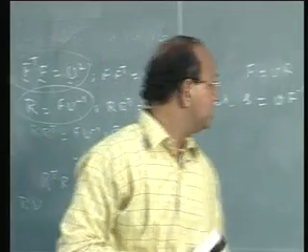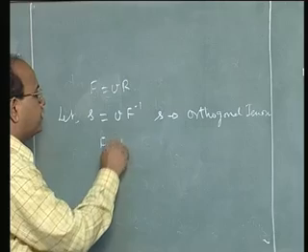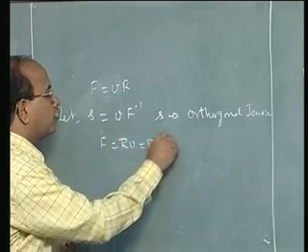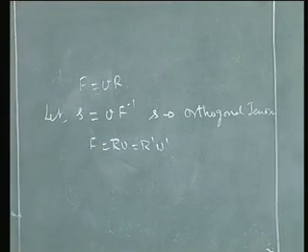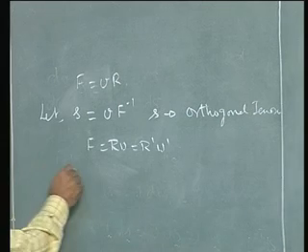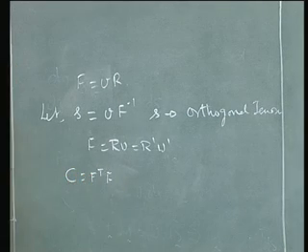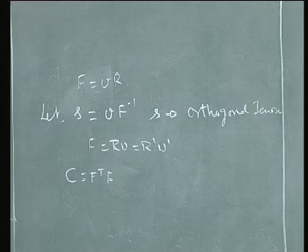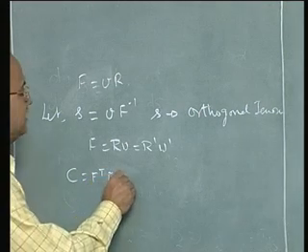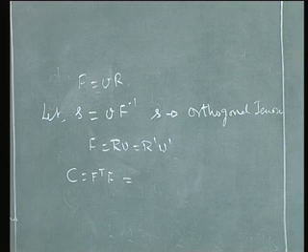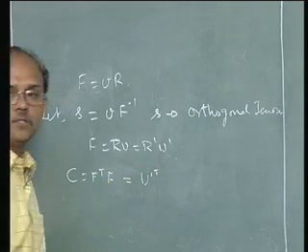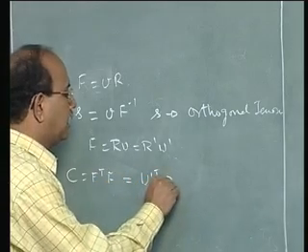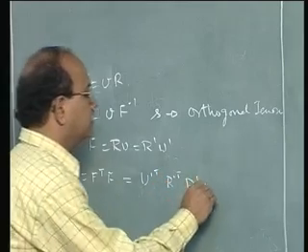So in other words, what it really means is, if I write F is equal to RU, that is equal to R prime U prime, then R prime is equal to R and U prime is equal to U. It's very simple. C is equal to F transpose F, we know that, and write it down in terms of this: U prime transpose R prime transpose R prime U prime.